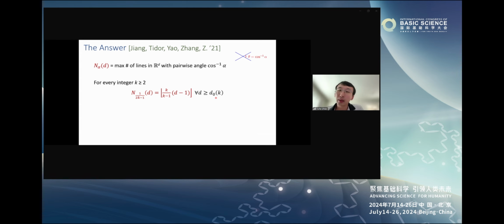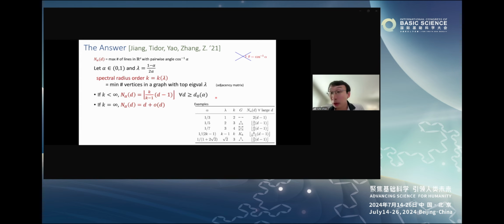It's easy to present. More generally, if you give me any value of alpha, the answer has the following form. Again, I'll tell you what the answer is because it is a theorem, but maybe don't get too fixated on the actual formulation, because I think what is more interesting is to explain what are some of the ideas that are involved in how to think about this answer in the context of graph theory. So here is the answer.